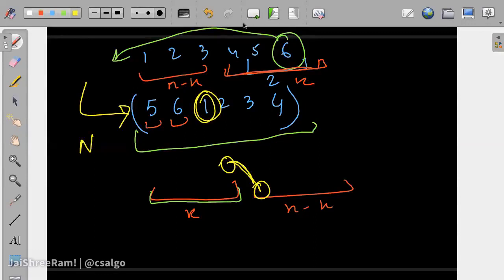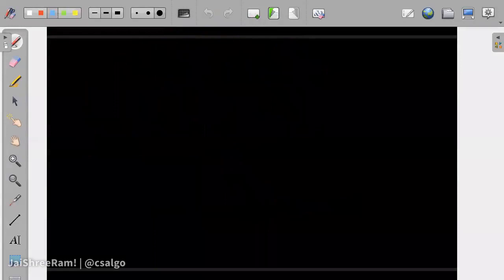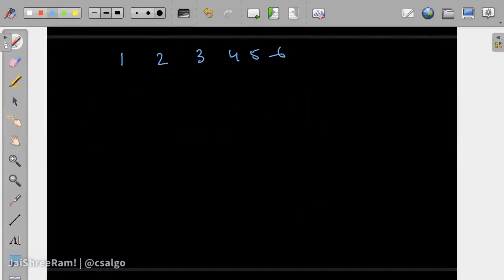So let's understand how we are doing this. We will try to use the monotone space concept in this particular problem. Let's quickly write it down. 1, 2, 3, 4, 5, 6 was there, and we had 5, 6, 1, 2, 3, 4, right?